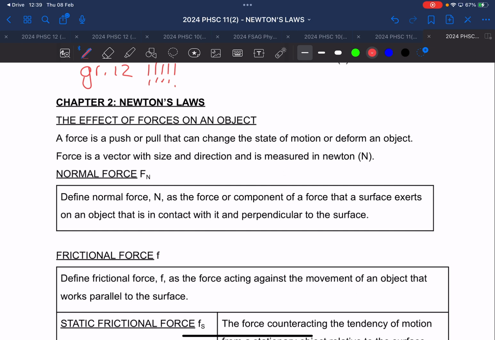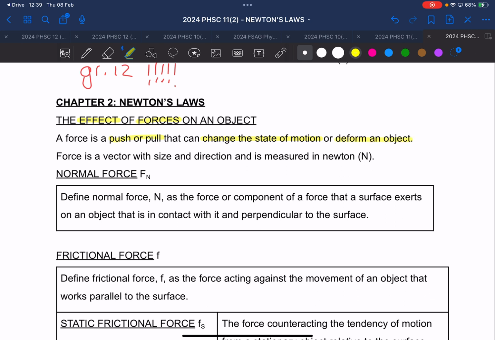Alright, so first page is some things that we've done in the previous chapter. We looked at the effects of forces. What effects does a force have? A force is a push or a pull that can change the state of motion, meaning the thing was stationary, now it's moving. It was moving, now it's moving faster. So change the state of motion or deform an object.